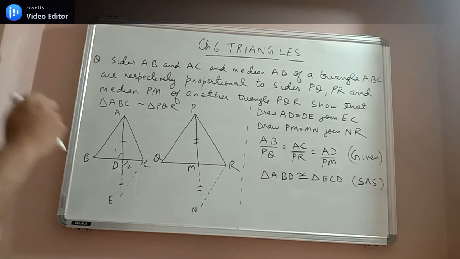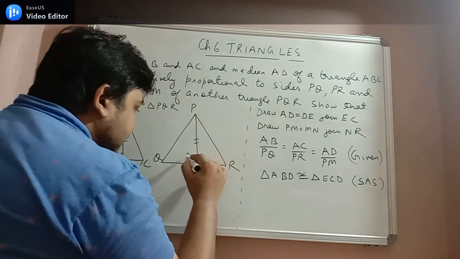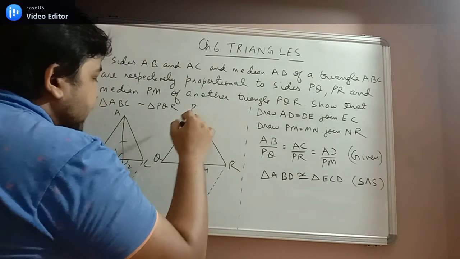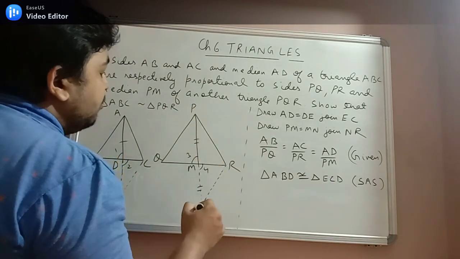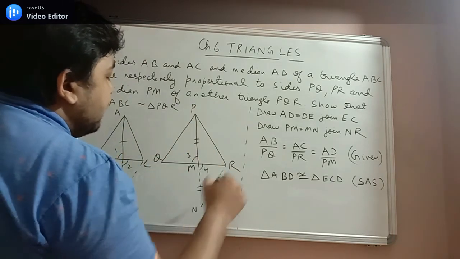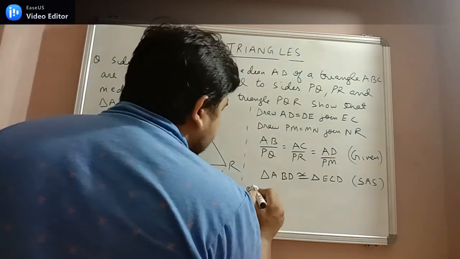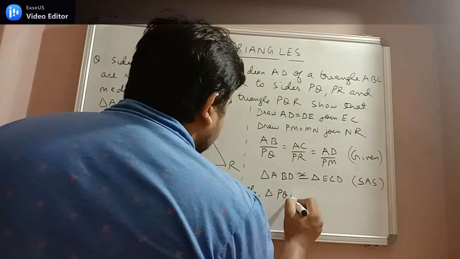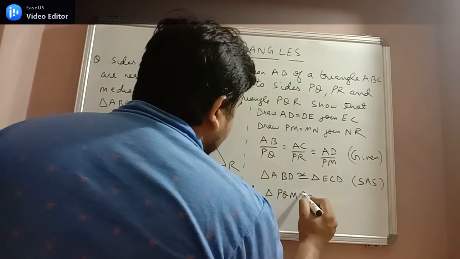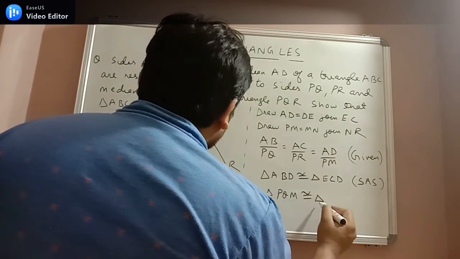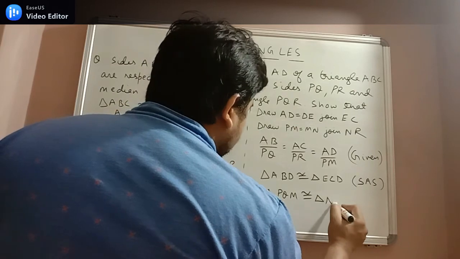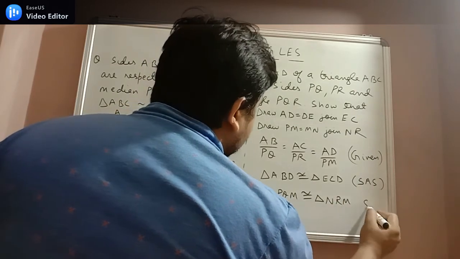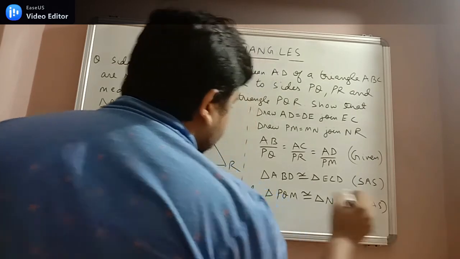Now similarly I can say that triangle PQM is congruent to triangle NRM, again by SAS criteria.